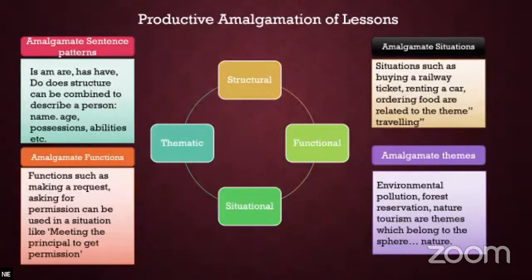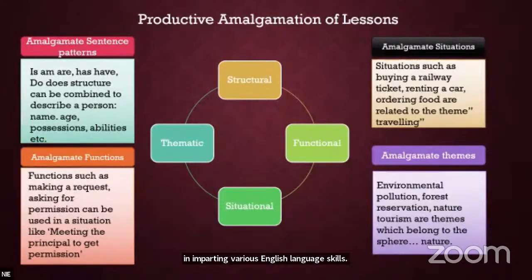Productive amalgamation of lessons. One of the biggest challenges in learning is how to present the content to get it across effectively and keep students interested. Amalgamating lessons in a productive manner is important in imparting various English language skills.